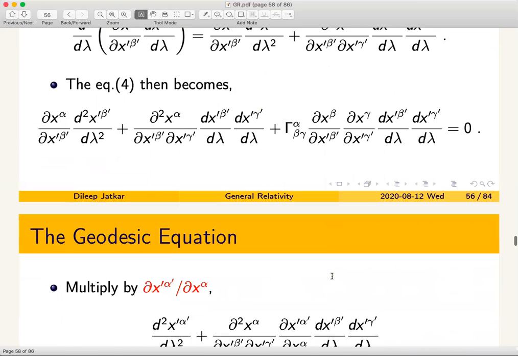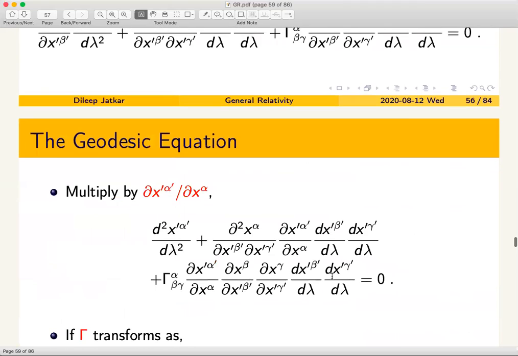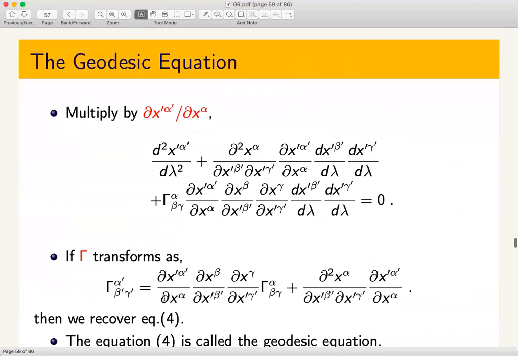And then we said that if gamma transforms in this particular fashion, imagine that the second term is not there. If the second term was not there, then gamma is actually transforming homogeneously. And when this homogeneous transformation is multiplied by these coordinate change pieces, you can see that that would make gamma behave like a tensor with one contravariant and two covariant indices.